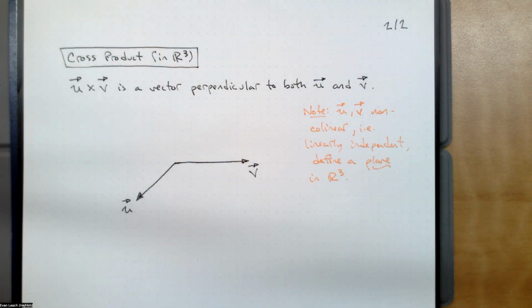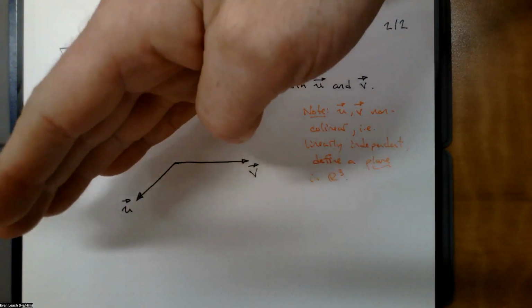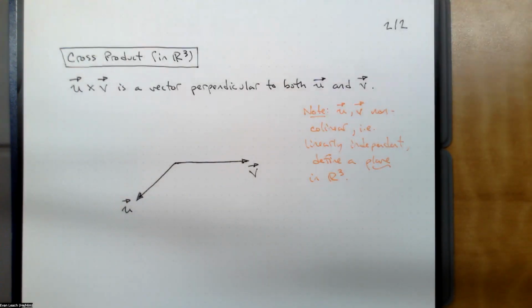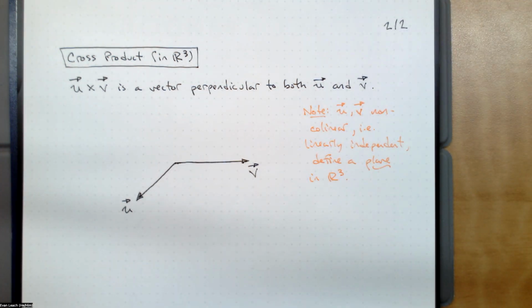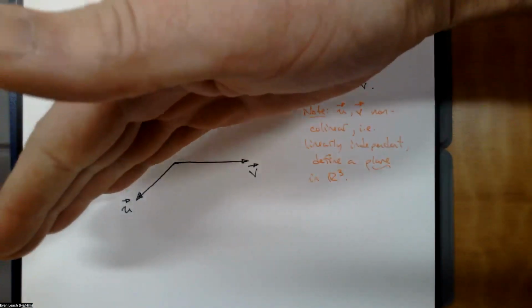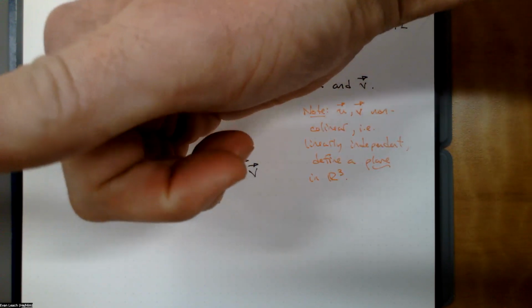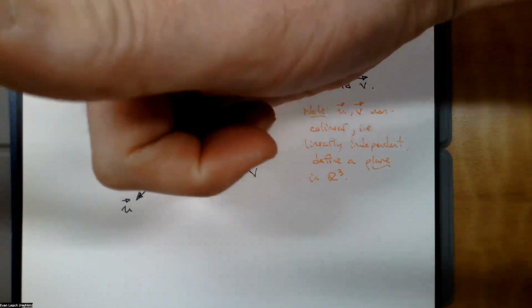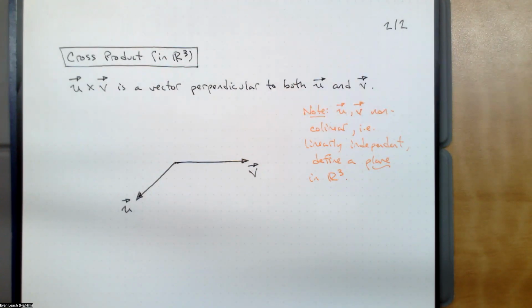What we're going to do is take our right hand and put our fingers in the direction of the first vector we list, U, and we curl them the short way towards V. And our thumb will point in the direction of U cross V. I forgot which one was up.